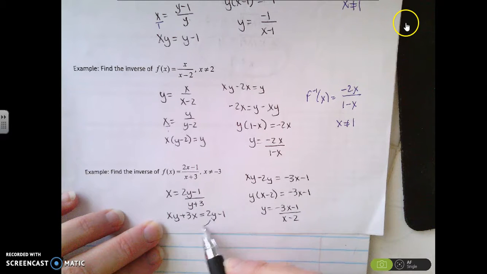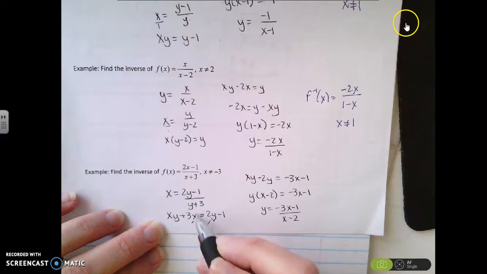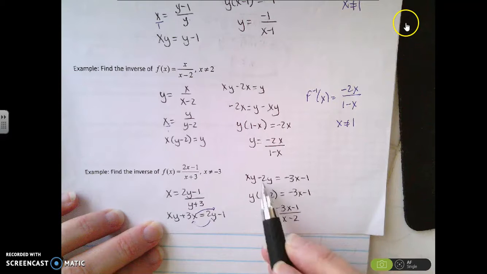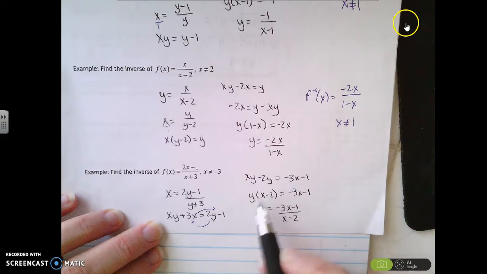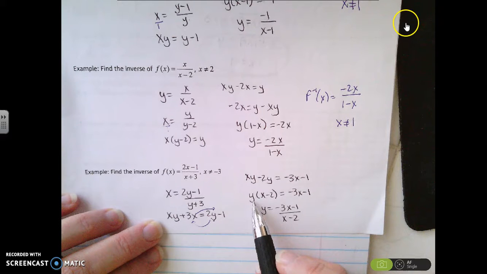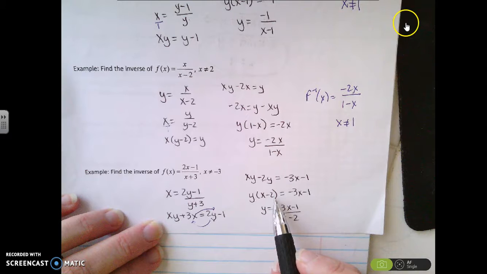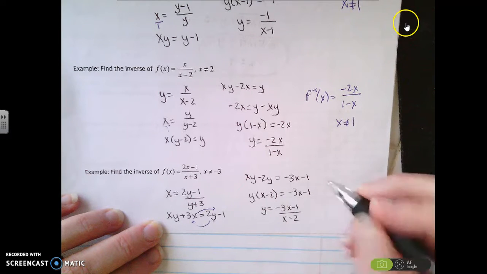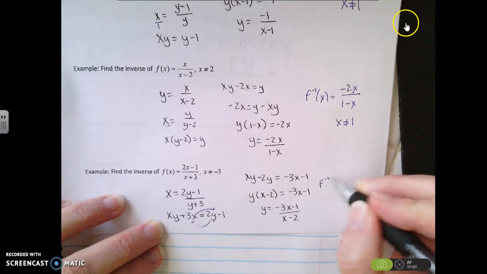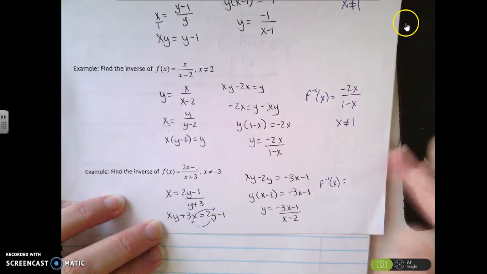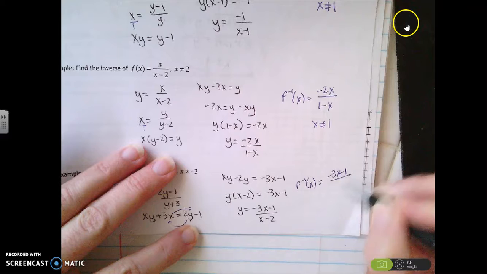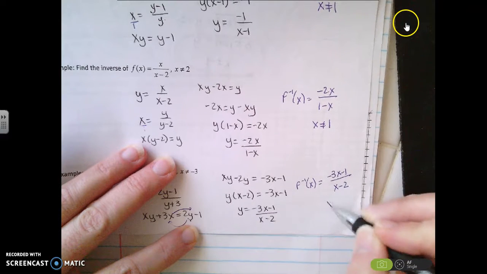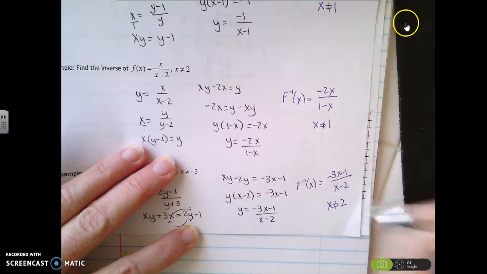So I'm going to move the 2y over here, and I'm going to move that 3x over there. So I'm going to subtract the 2y, and I'm going to subtract the 3x. Again, I've got to factor out that y, so I factored out the y, and I'm left with x minus 2. And then I divide. So my inverse, f inverse of x, equals negative 3x minus 1 over x minus 2, and x cannot equal 2.